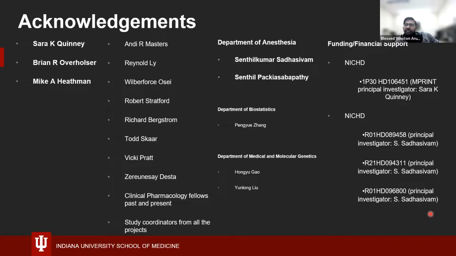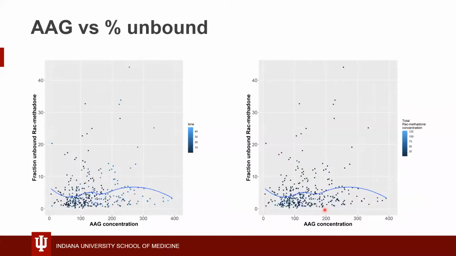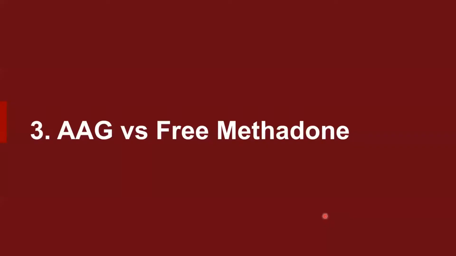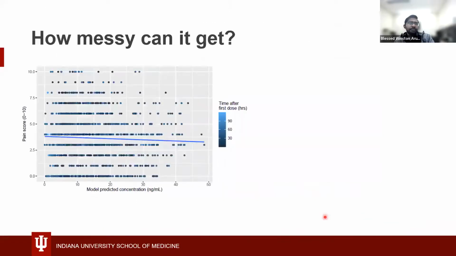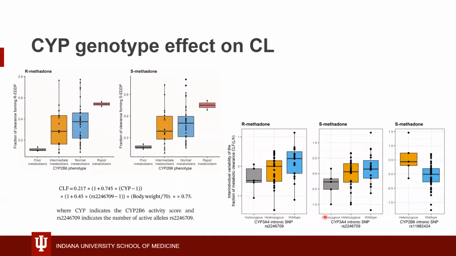I see a hand up. Yeah, good afternoon. Sorry, I'm not able to type in the chat. No problem. My question was with regards to the variability in alpha-1 acid glycoprotein. The age range being studied was very narrow, yet the variability was very large, so it raises a few questions in my mind. Was there a baseline alpha-1 acid glycoprotein level before methadone was administered?